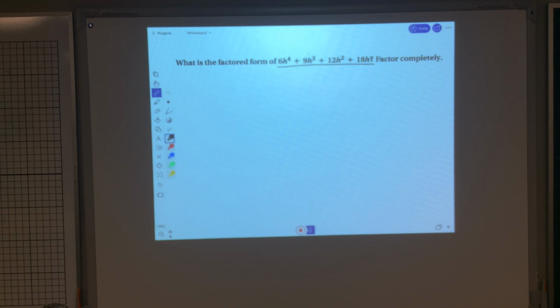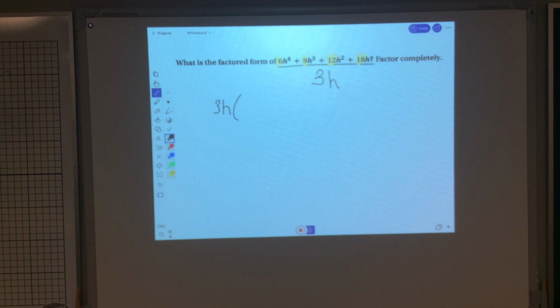The smallest degree is just h to the first power, so we can factor out 1h for sure. But if I look at my numbers, we have a 6, a 9, a 12, and an 18, and all of those numbers are divisible by 3. So for this problem, the very first step is to factor out a 3h from all the terms.